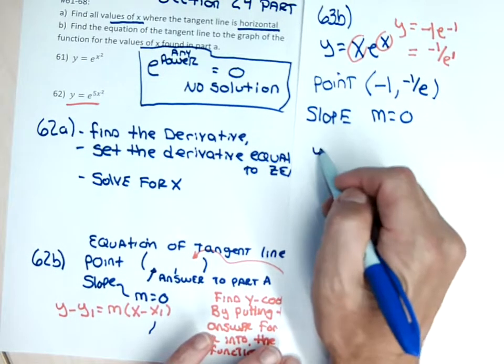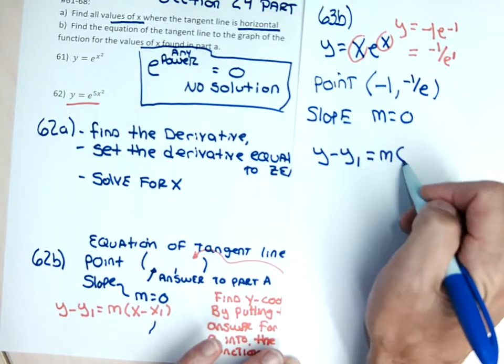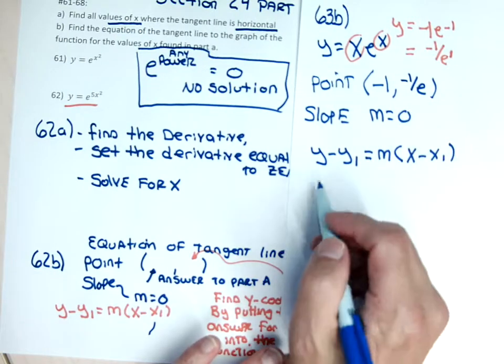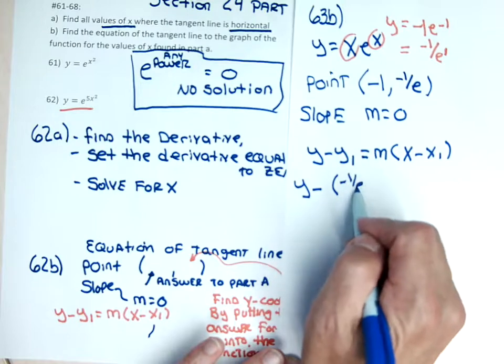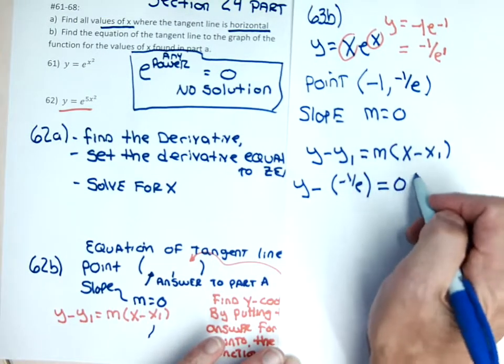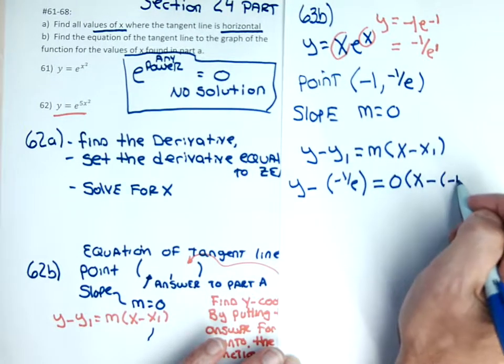Now I'm just going to go y minus y1 equals m times x minus x1. And for y1, I'm going to put -1 over e, so I'm going to get y minus -1 over e. That double negative is going to turn positive, equals m, which is 0, times x minus x1, which is x minus -1.